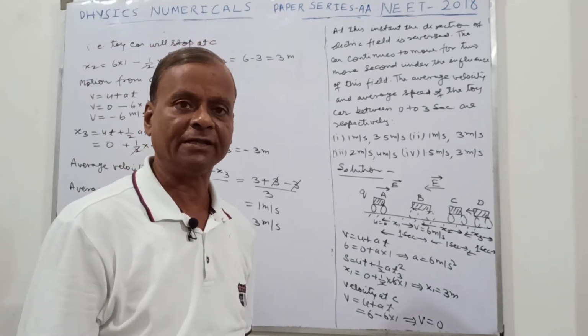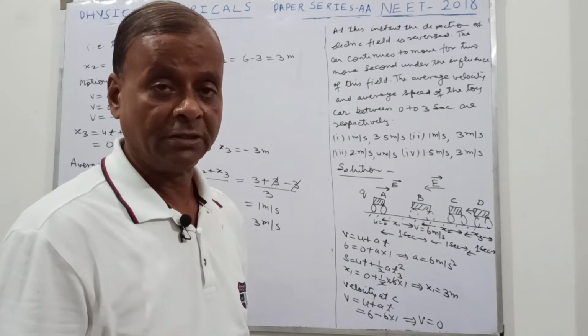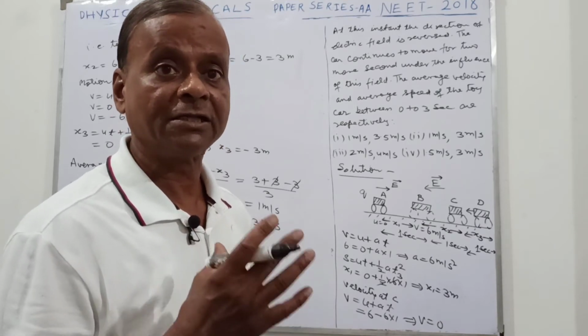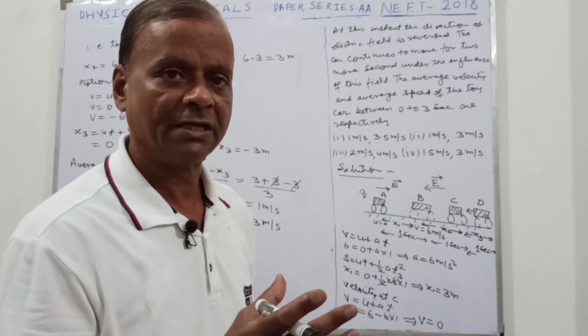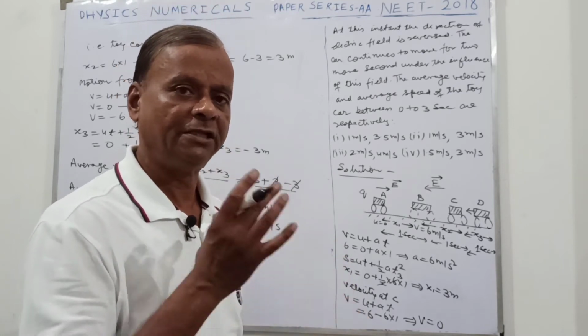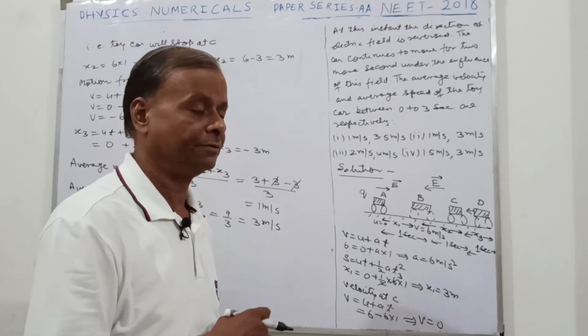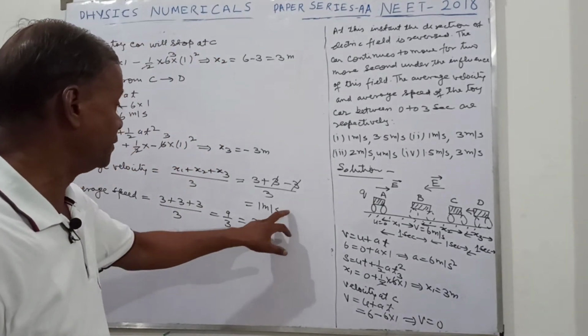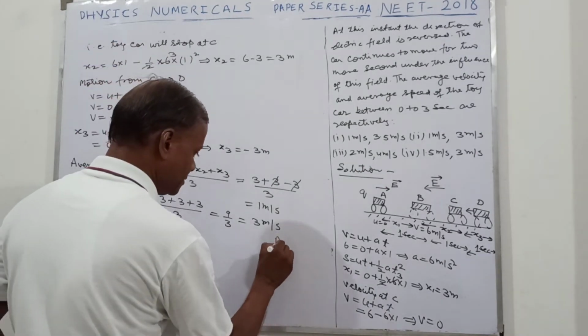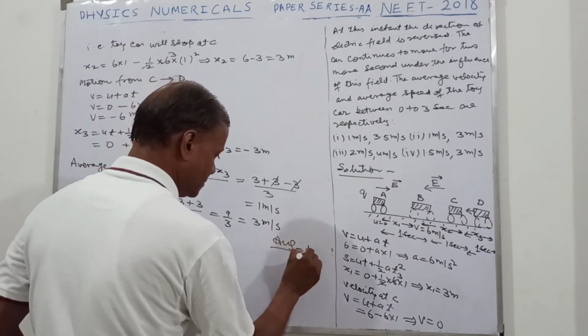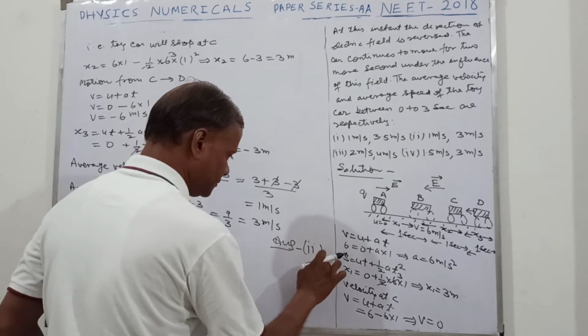But when we are finding the average speed, then you have to neglect the minus sign and just add all the distances and divide by the total time. That will give you the average speed. So according to this, our right option is second. So our answer is second.